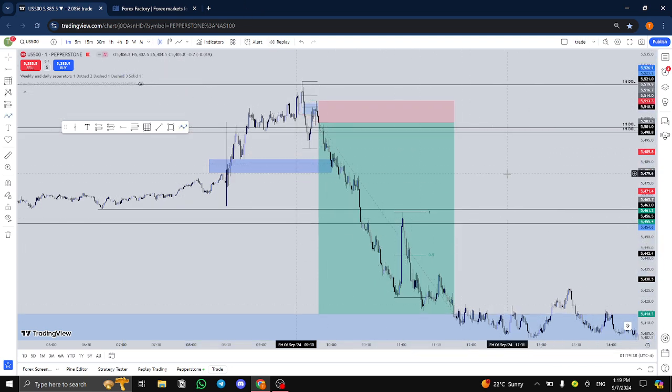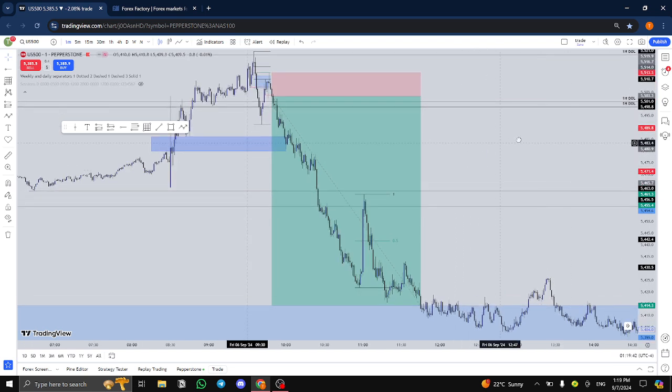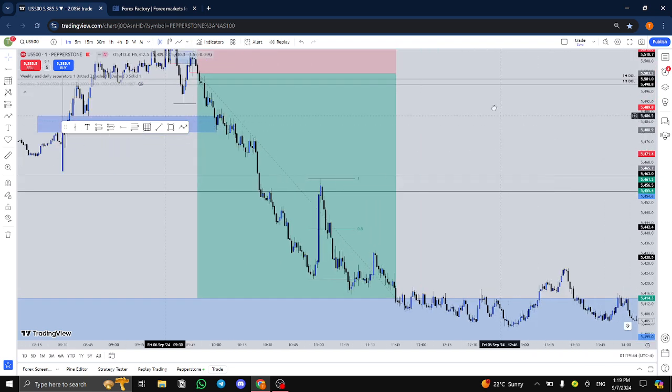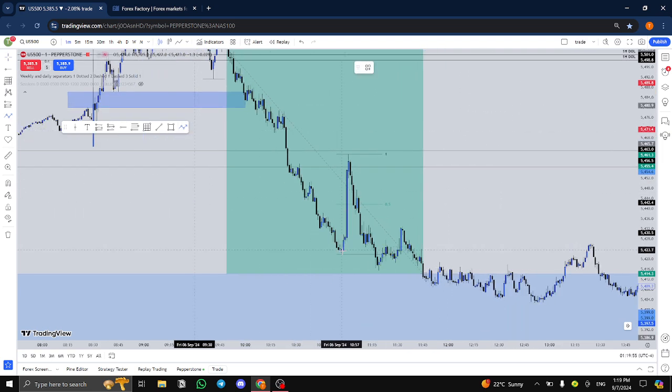Okay, so improvements. How can I improve on this? I know it's all in hindsight, but after seeing it in hindsight, there was some potential trade to take here, because this spike forced out those who were short here.